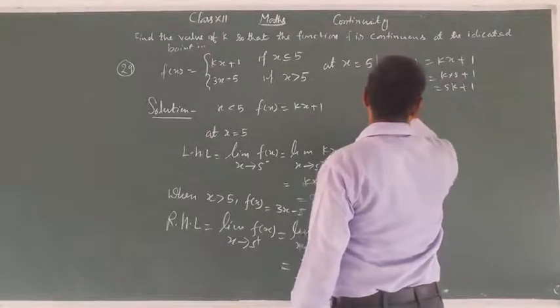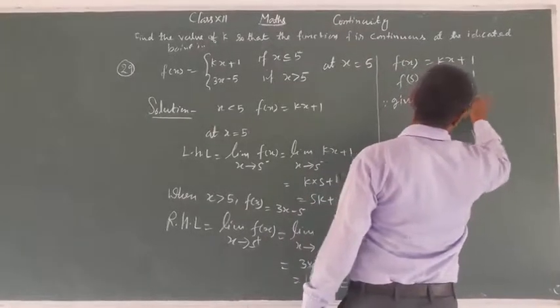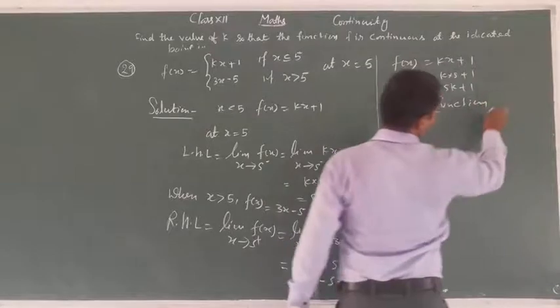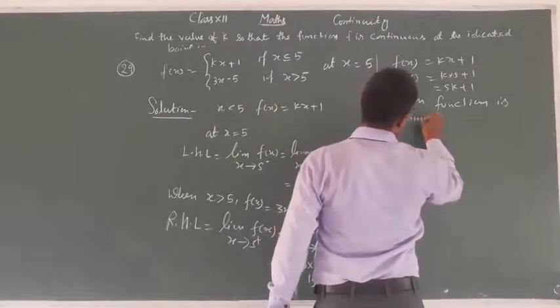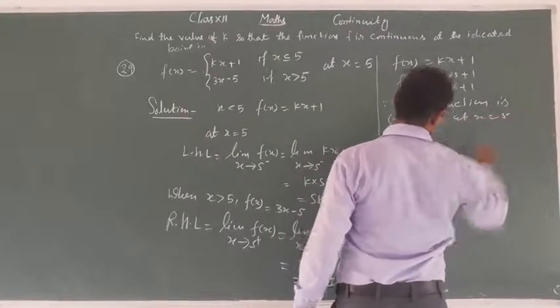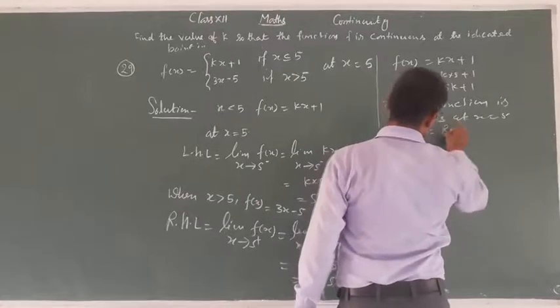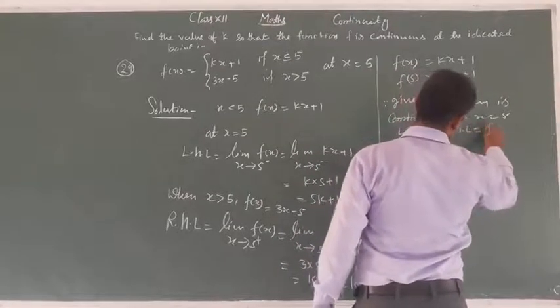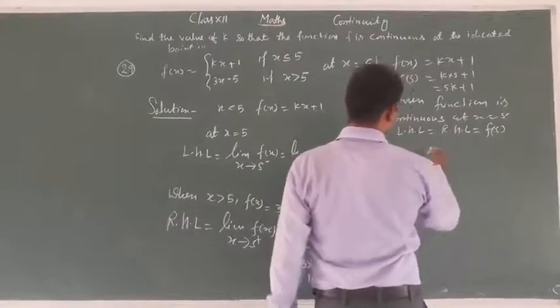Since the given function is continuous at x is equal to 5, the left hand limit is equal to the right hand limit is equal to the given function at point 5.